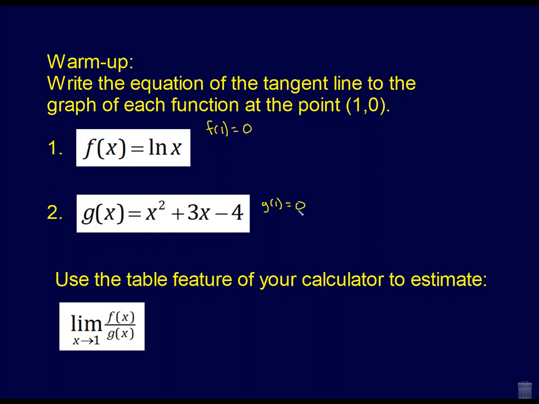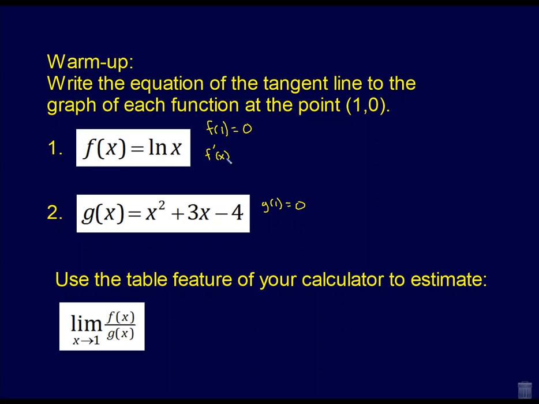That is also 0. What we're asked to do is write the equation of the tangent line to each graph at the point 1, 0. Well, the other ingredient for any line is to know the slope. And that's the main topic of differential calculus. The slope of a tangent line is found with a derivative.